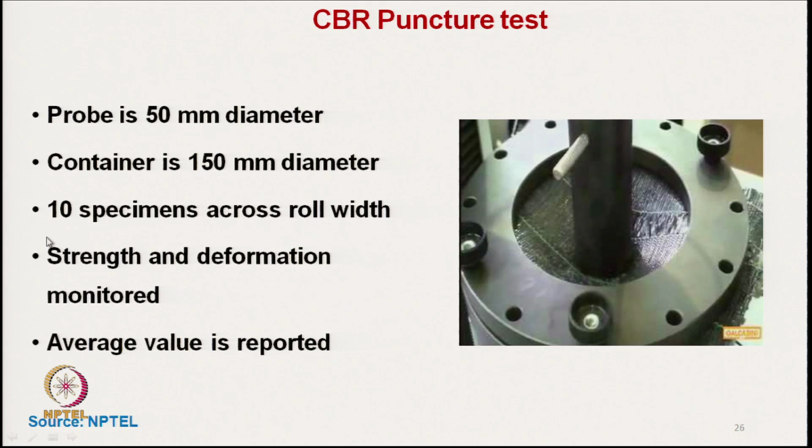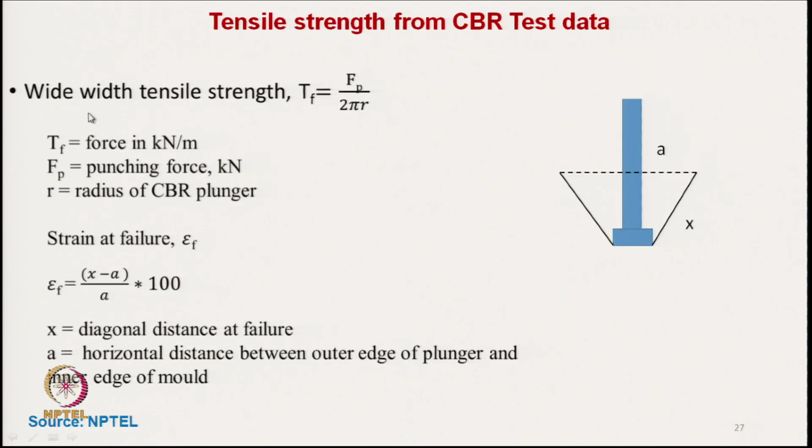Normally, 10 specimens are taken as standard, the average is reported, and using this puncture resistance value we can also calculate the tensile strength. The wide width tensile strength can be predicted using this CBR puncture data. TF is the wide width tensile strength in kilonewton per meter, and Fp is the puncture force in kilonewton.